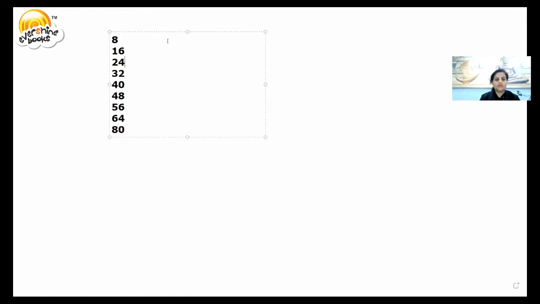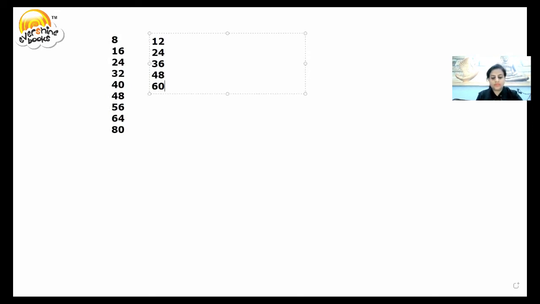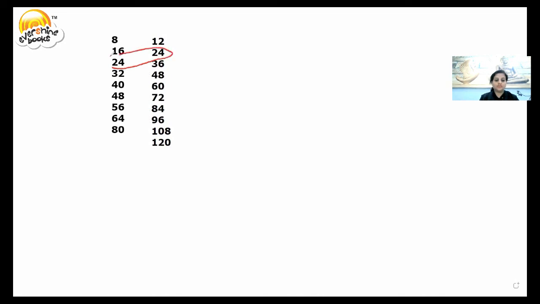On the other hand, we are going to write the table of 12, because it is asked about the LCM: 12, 24, 36, 48, 60, 72, 84, 96, 108 and 120. These are the tables, and we will find the numbers that match. So what is matching? 24 is matched. Okay, 48 is matched.